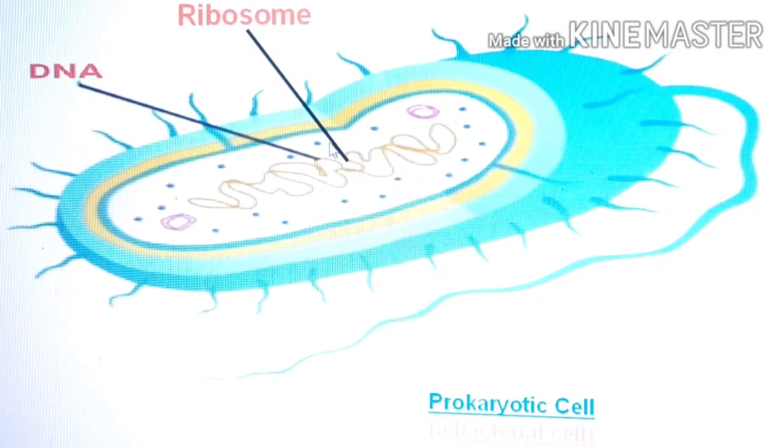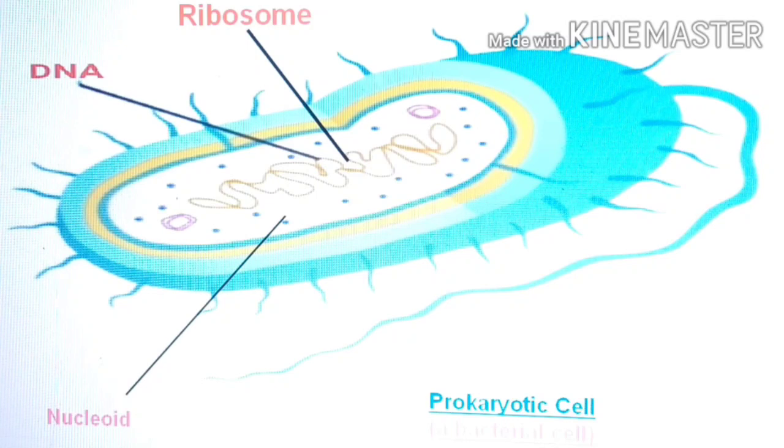And the ribosomes, the blue dotted structures, are also spread in the cell. The nuclear material that is spread in the cell is made up of nucleic acid, and that is called the nucleoid.